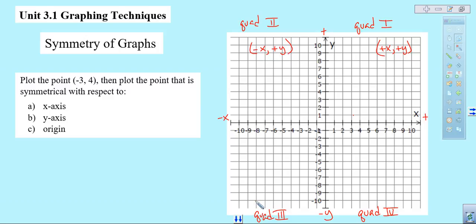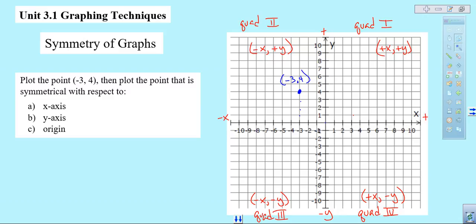We come down to quadrant 3, this would be negative x's and negative y's. And quadrant 4 would be positive x's and negative y's. So we start off with our ordered pair, which was negative 3. So we start at the origin, we go over 1, 2, 3, we go up positive 1, 2, 3, 4. So that ordered pair right there would be negative 3, 4.